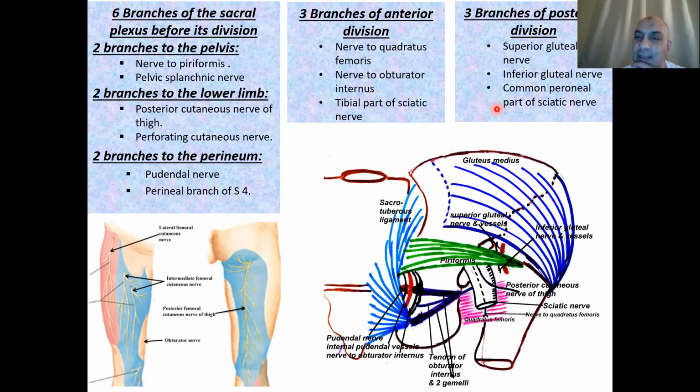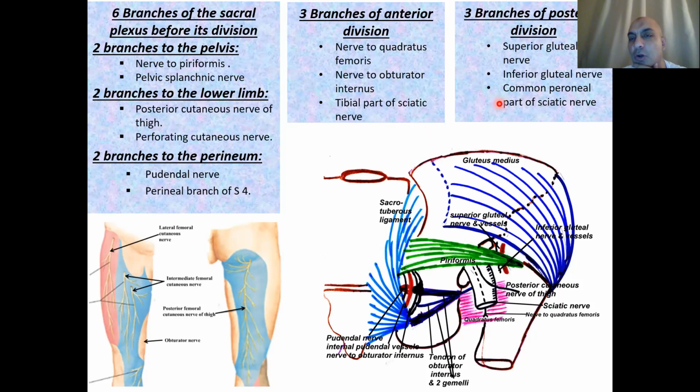So simply speaking, when we discuss the sciatic nerve, we have to know that it is formed of 2 components, and these 2 components are enclosed within a common sheath. What are these 2 components? Tibial and common peroneal.